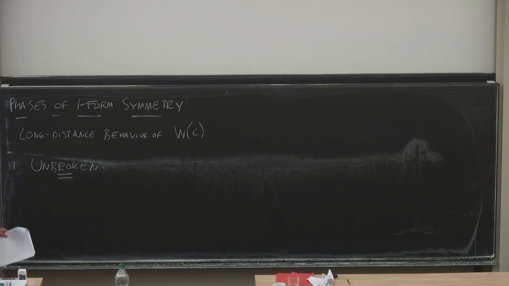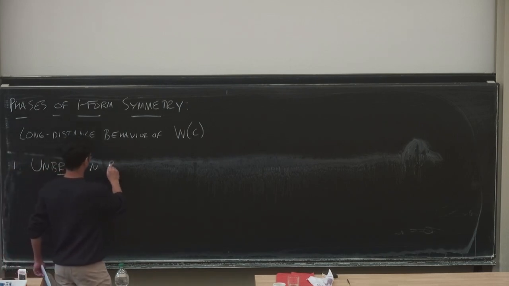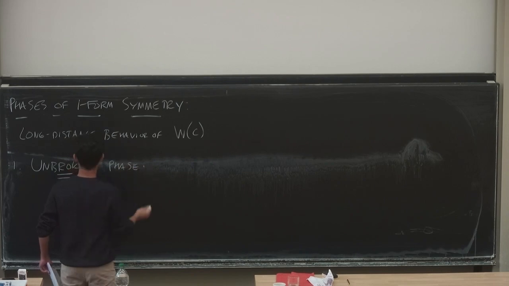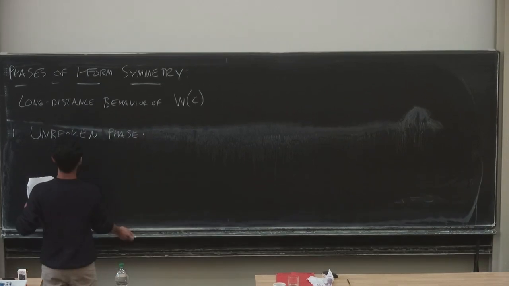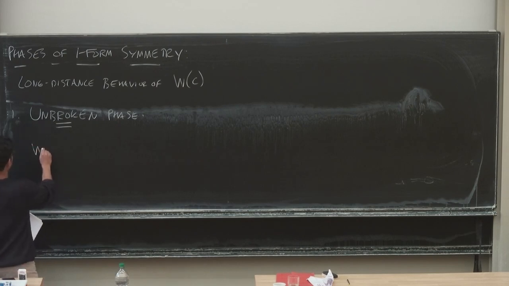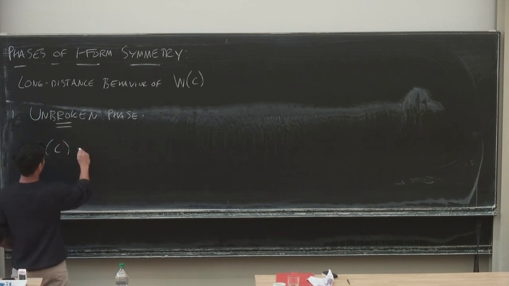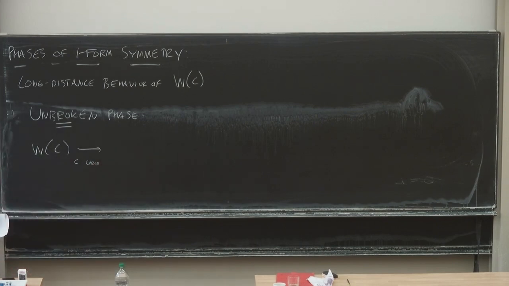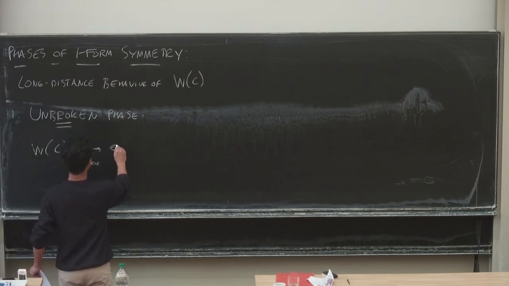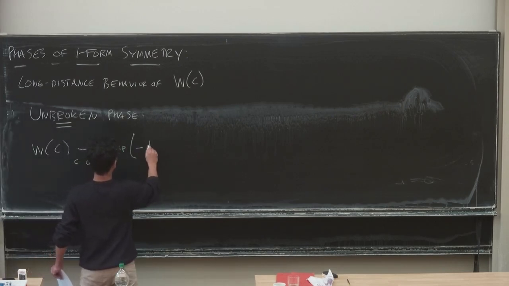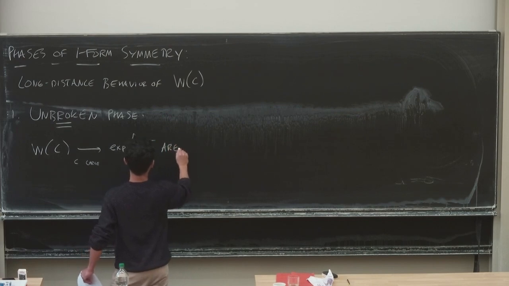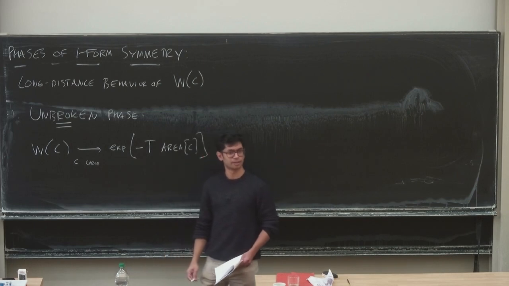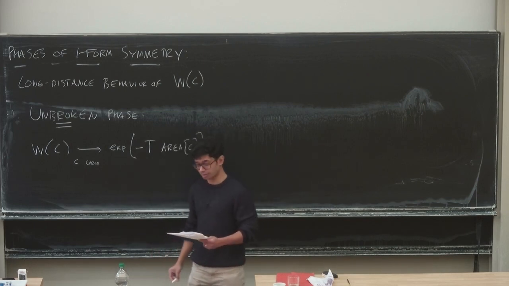In the unbroken phase, for large C, W of C, as C becomes large, is a function of the curve C, and the precise functional that one gets is that this goes like the exponential of minus the area enclosed by the curve C. This is what we have when the symmetry is unbroken.